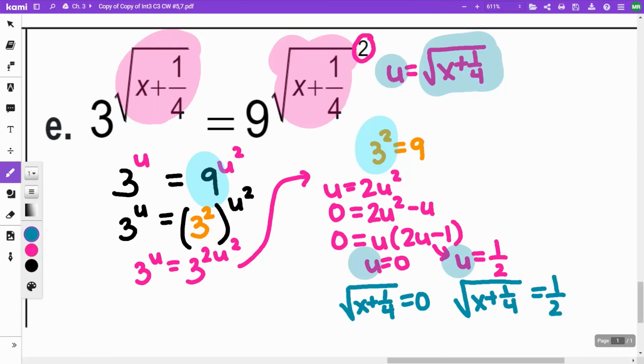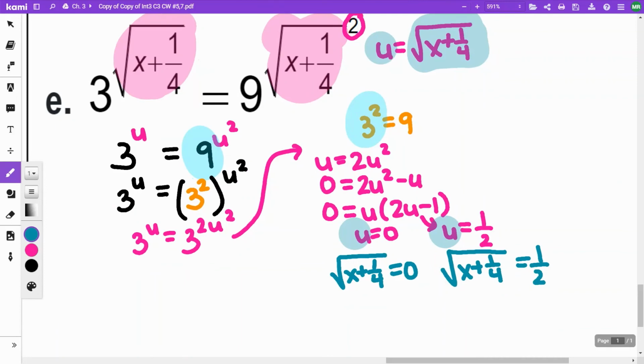And we solve here. I need to undo the square root. So I square both sides and I get x plus 1/4 is equal to, let me just make sure everyone understands, I'm squaring this, I'm squaring this. That's what I did. And when I do, this is going to be a 0. So one answer is going to be a negative 1/4.